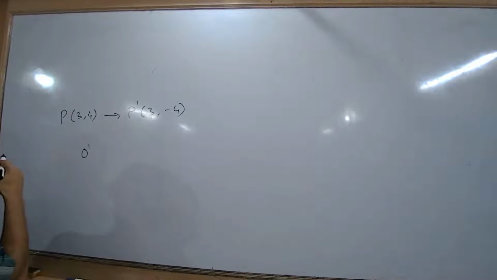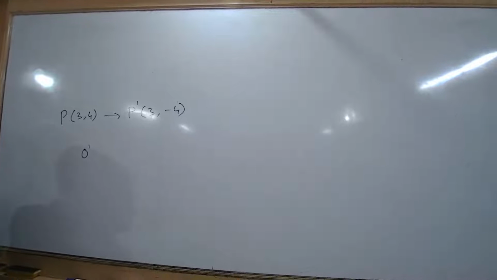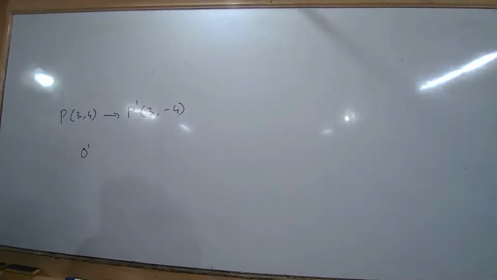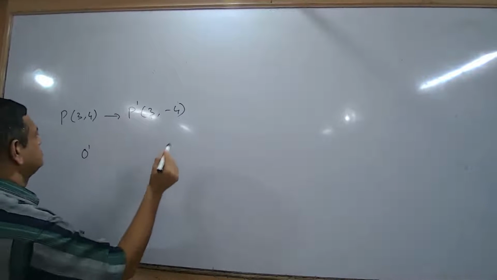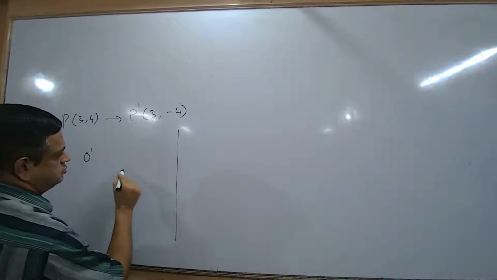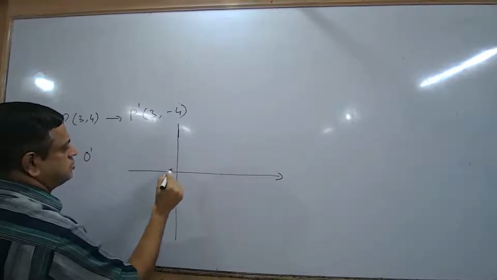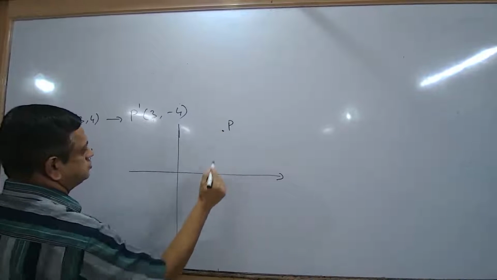Using the graph paper, give the coordinates of P dash and Q dash. Length of segment P dash Q dash. Perimeter of the quadrilateral P dash Q dash. The geometrical name of the figure.